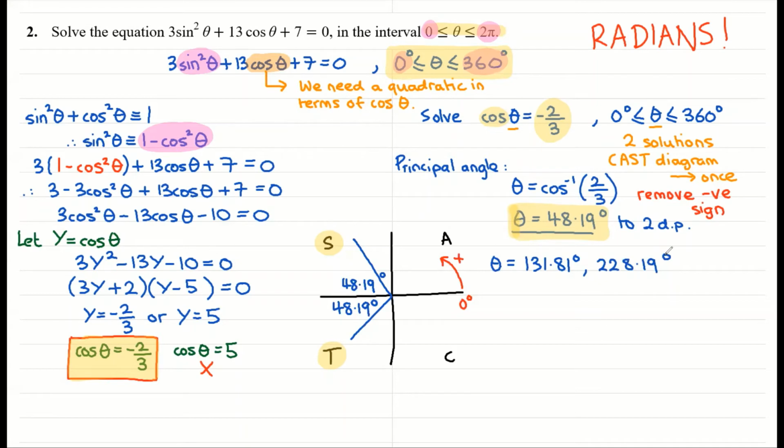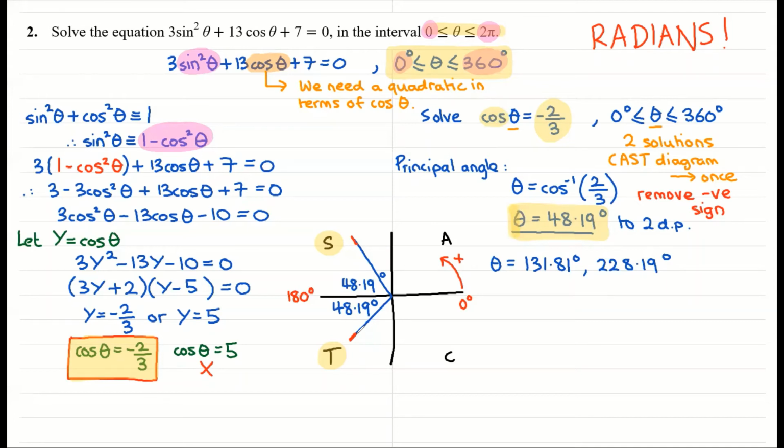So our two angles. Remember, of course, that this point here is 180 degrees, and these are the two places where our angles live. So 48.19 less than 180 and 48.19 more than 180. So those are our two angles.